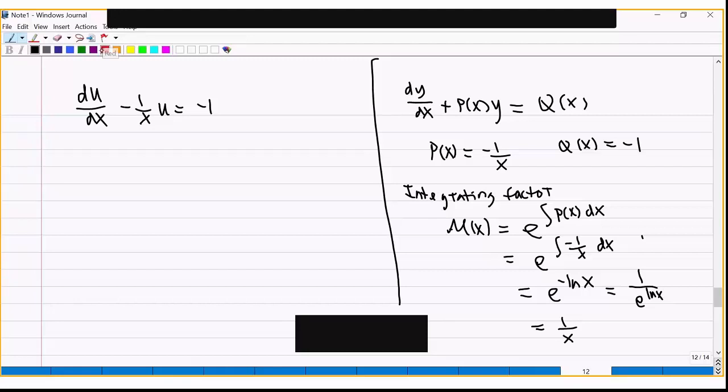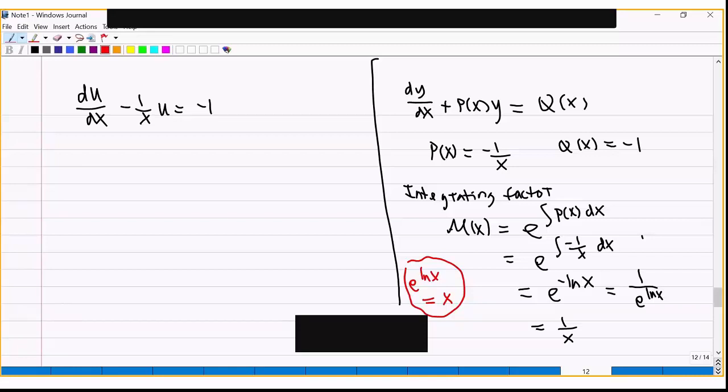So you have to remember e power ln x is x. E power x squared gets back x squared, e power x cubed gets x cubed, e power ln x cubed gets x cubed. E and ln are inverse functions of each other.